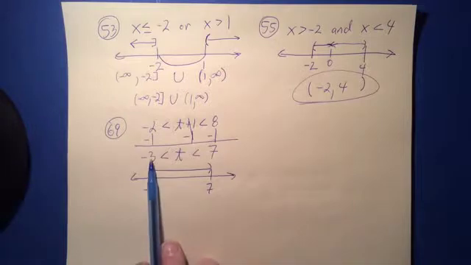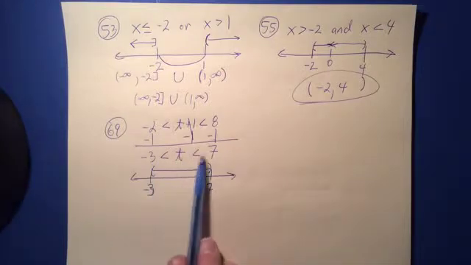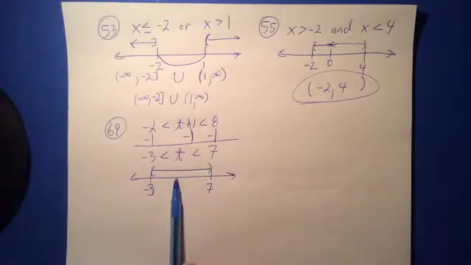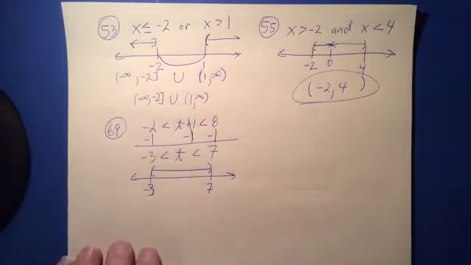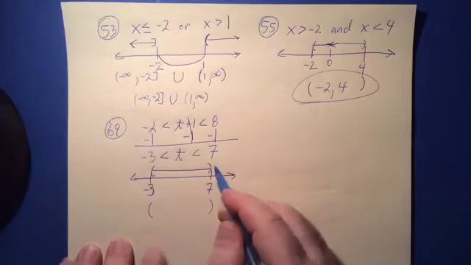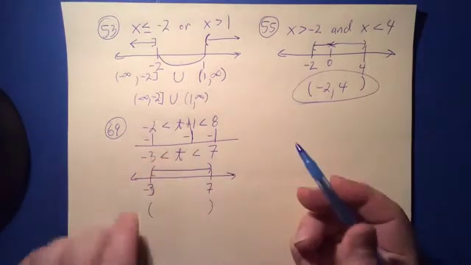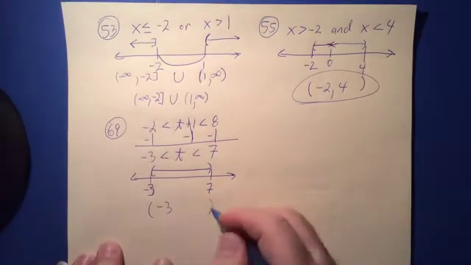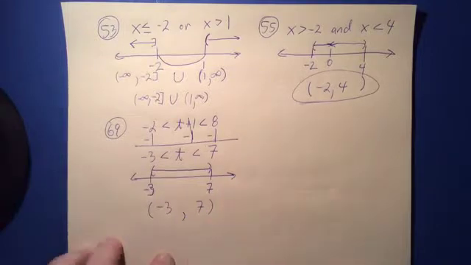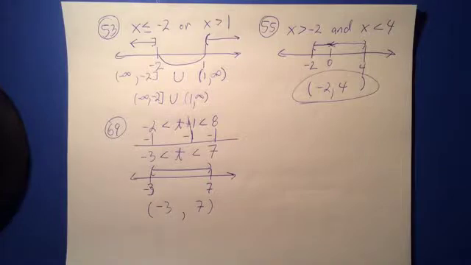So for example, negative 3 is less than 0, but 0 is also less than 7, and 0 will certainly follow the interval. So how do we write this in interval notation now? Well, we have the parentheses we use from above because of the less than only symbols. Take the negative 3 that's here, the 7 that's here, put a comma in between, and now we have our solution expressed in interval notation.